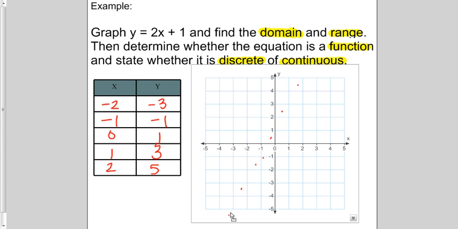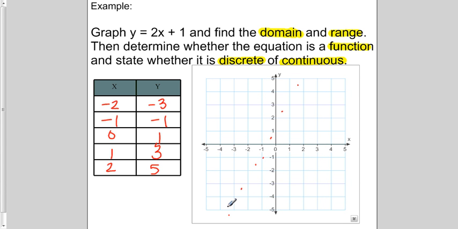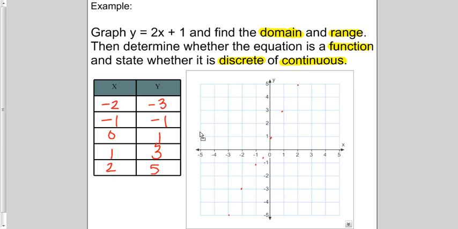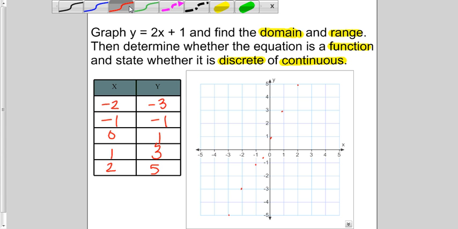So we do need, I lost my pen. We do need to connect these points with a continuous line. Okay, I think that's where we're at. All right, back to the pen.